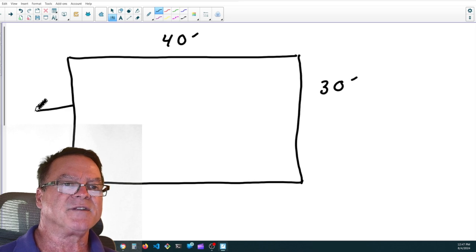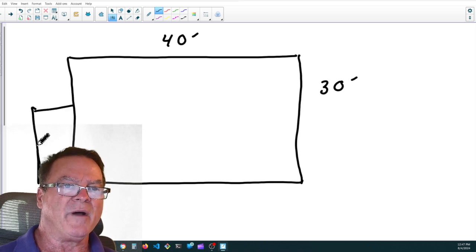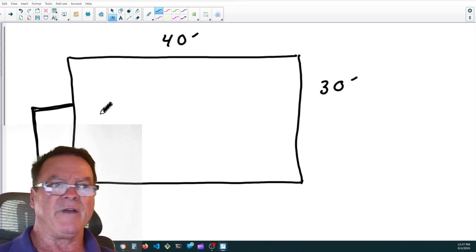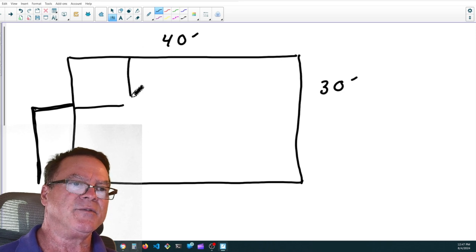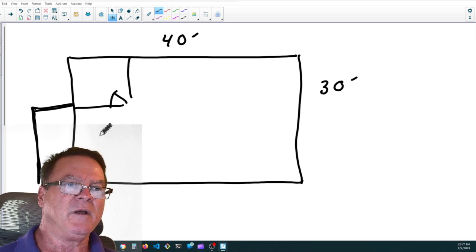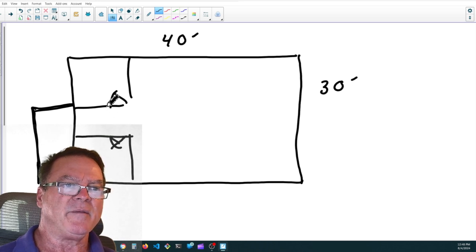I'm going to say that it has a carport, and I'm not going to worry about the carport because it doesn't count toward square foot area of the house. It has a bedroom and maybe another bedroom. Oops, the other way. And maybe this is a bathroom.